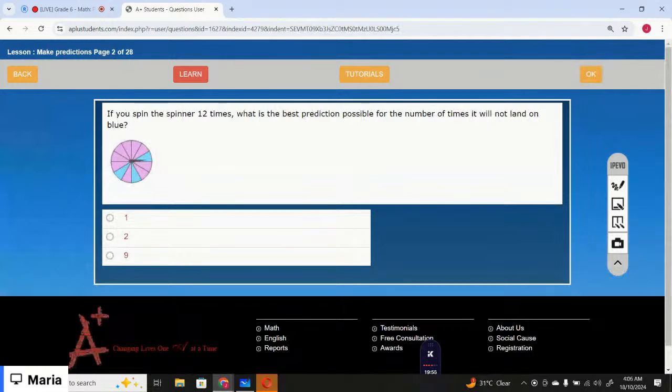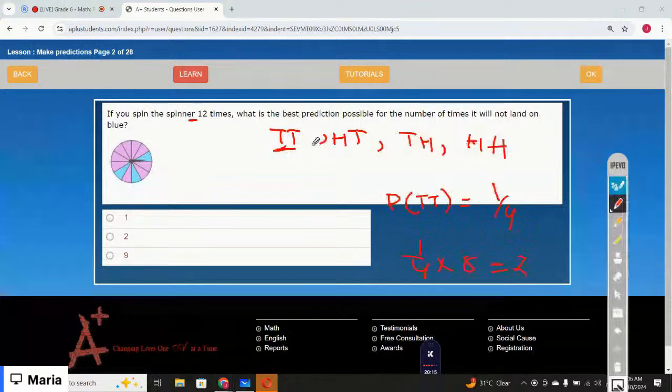If you spin the spinner 12 times, what is the best prediction possible for the number of times it will not land on blue? Can you guys please answer the question I'm asking? So you have the probability of not blue, right?